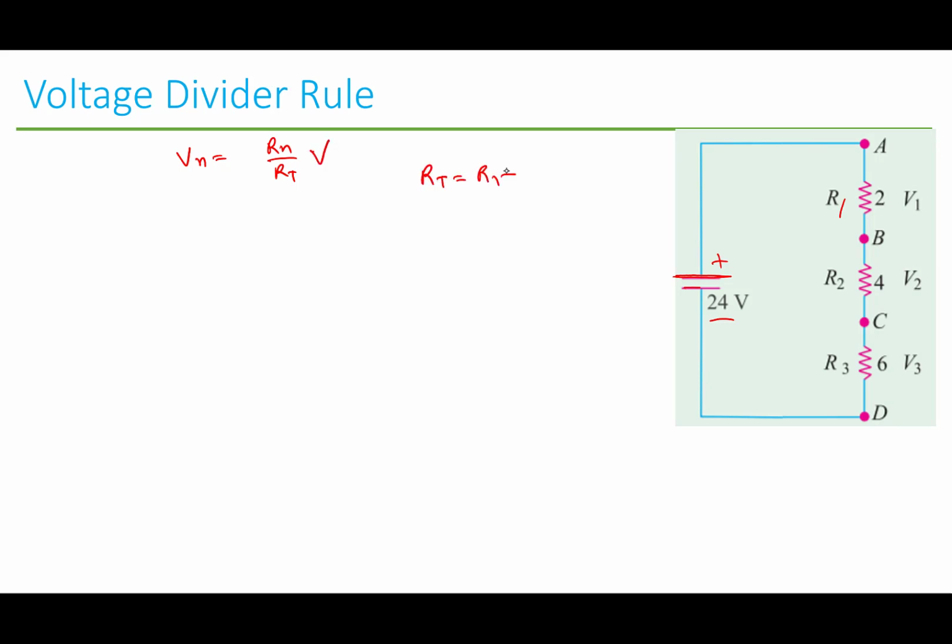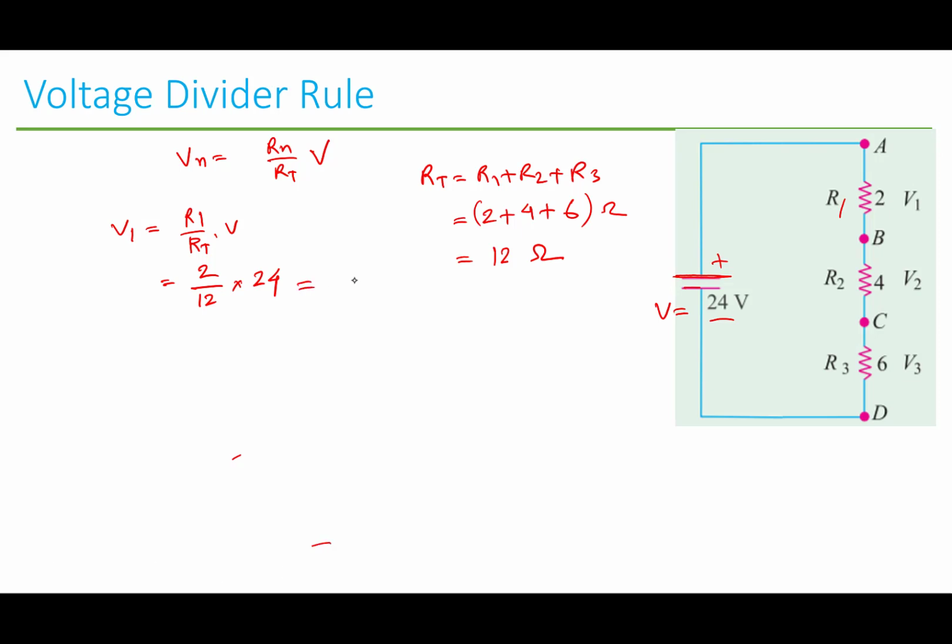Rt equals R1 plus R2 plus R3 equals 2 plus 4 plus 6 ohms, which makes it 12 ohms. So V1 equals R1 over Rt times V, so 2 over 12 times 24, which makes it 4 volts.